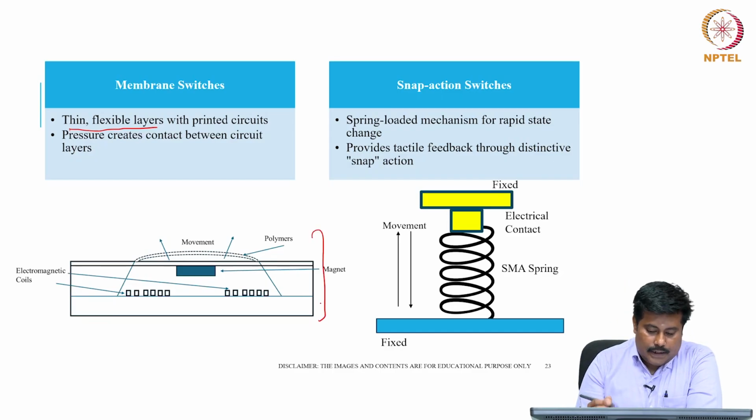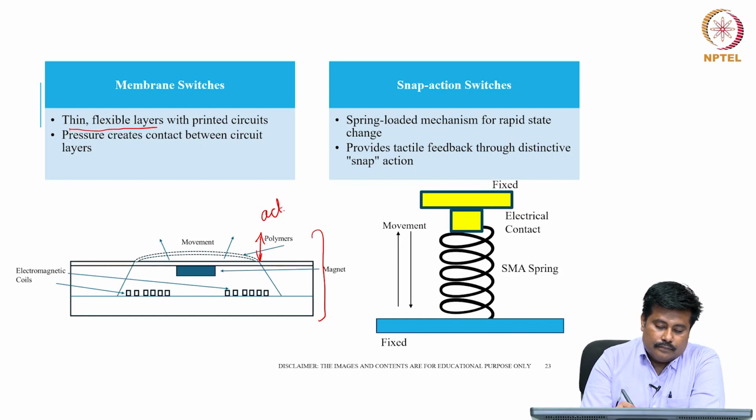This configuration we had already discussed, where we have two electromagnetic coils, a magnet in place, a polymer and a movement in place. This thin flexible layer will move back and forth, and it has a capability towards actuation and sensing.